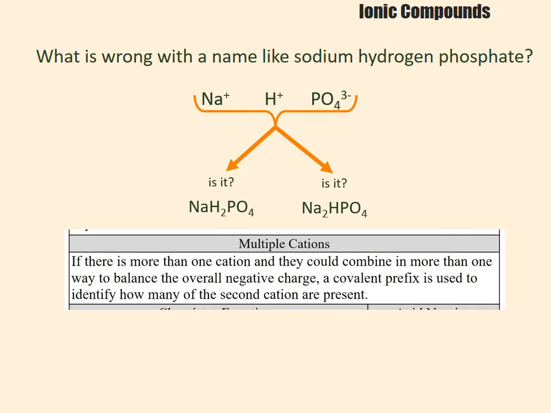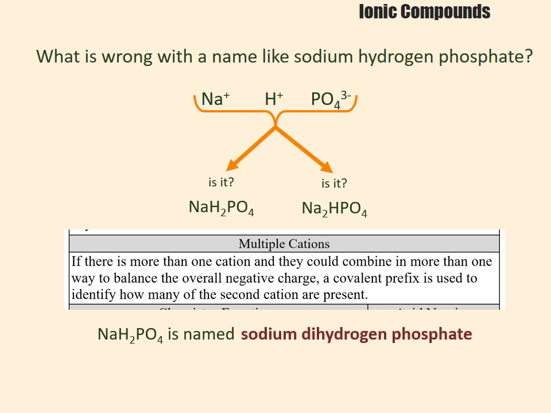If there is more than one cation, and they could combine in more than one way to balance the overall negative charge, a covalent prefix is used to identify how many of the second cation are present. So in the case of NaH2PO4, since hydrogen is the second cation in the formula, it is going to have to carry a covalent prefix. So I would call this sodium dihydrogen phosphate.